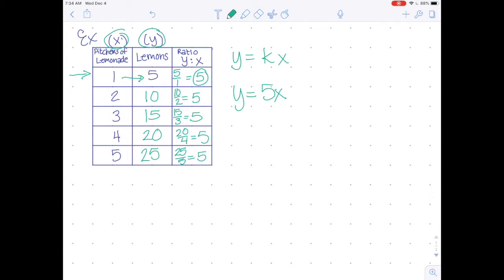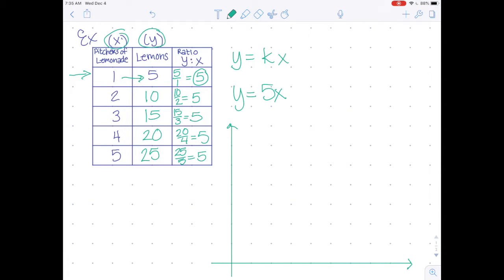Let's try graphing this equation. So, we're only going to need the positive x and y area. Okay, so the constant of variation also works kind of like the slope.